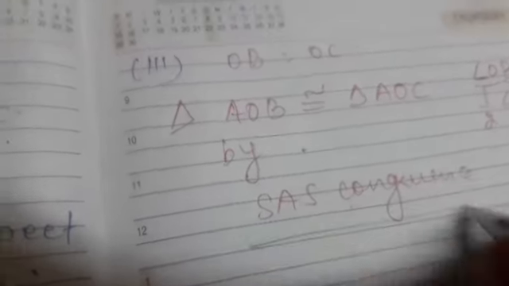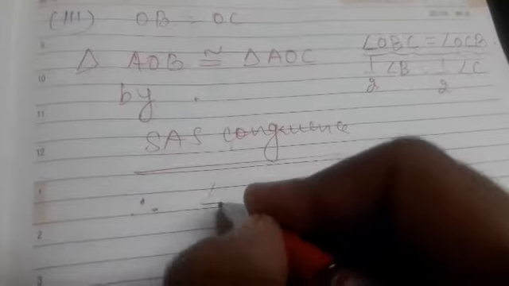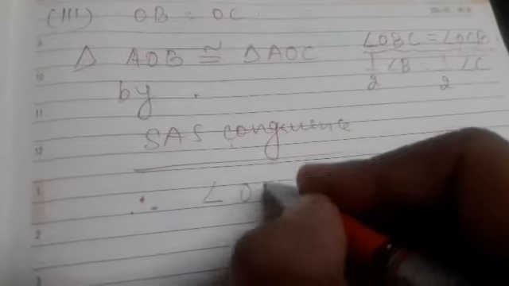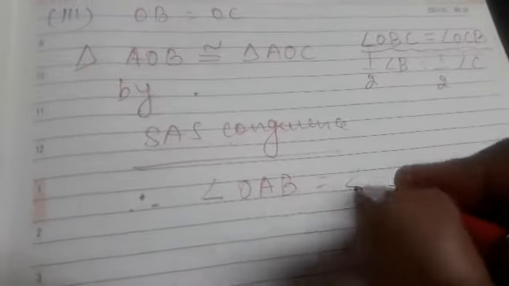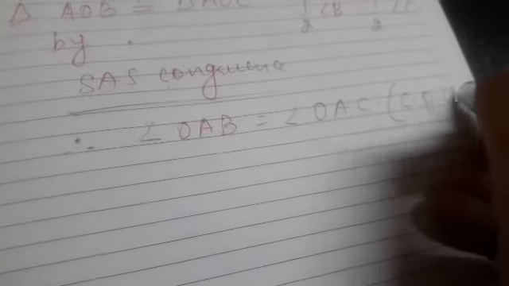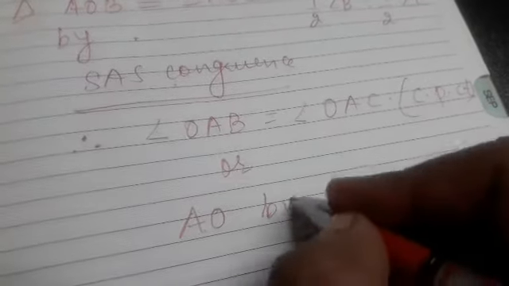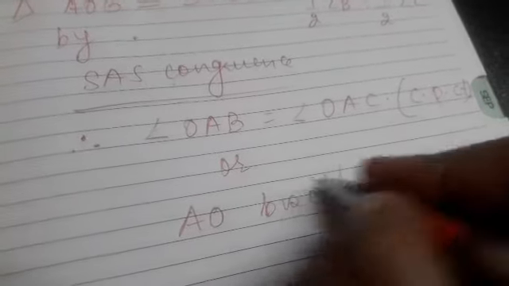Did you follow, children? So now, because the triangles are congruent, we can directly write angle OAB is equal to angle OAC. Reason is CPCT. Or we can say that AO bisects angle A. Check.